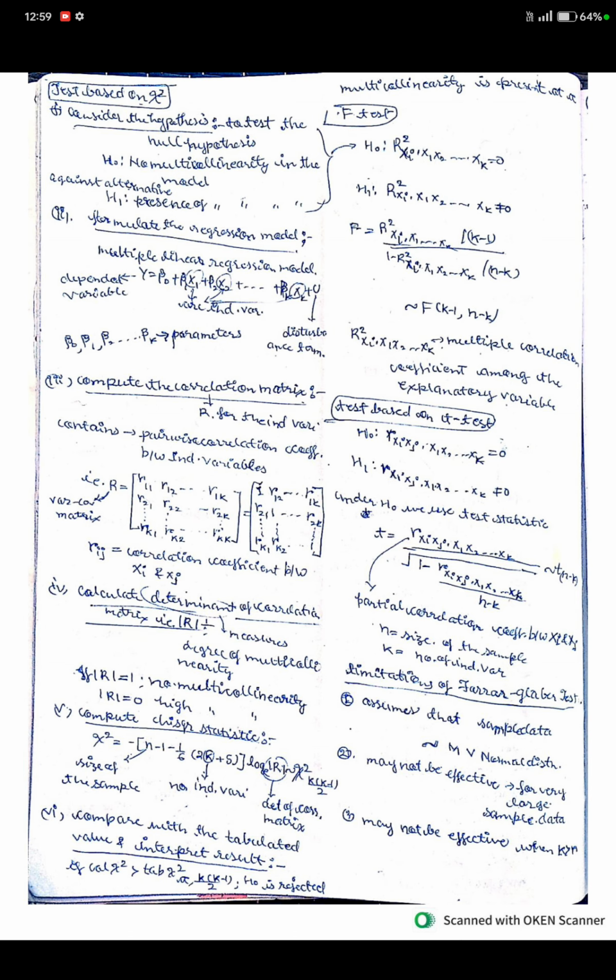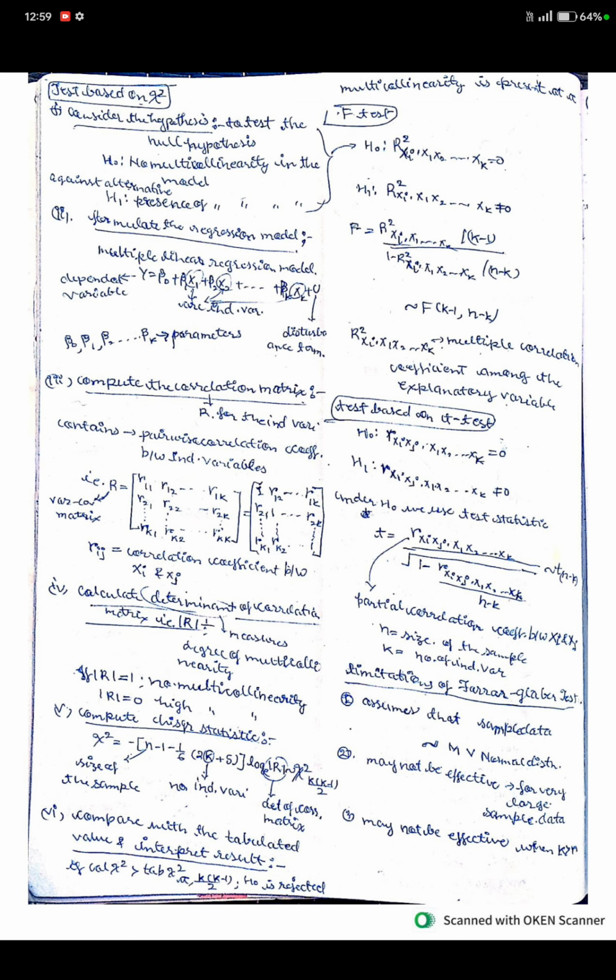compute the chi-square statistic. Chi-square equals minus, in brackets, n minus 1 minus 1 by 6 into, in brackets, 2k plus 5, close bracket, into log of mod R, which is the determinant of R. It follows chi-square with k into k minus 1 by 2 degrees of freedom, where k is the number of independent variables, n is the size of the sample, and R is the correlation matrix. 6.